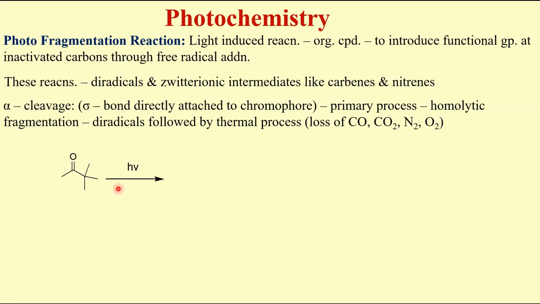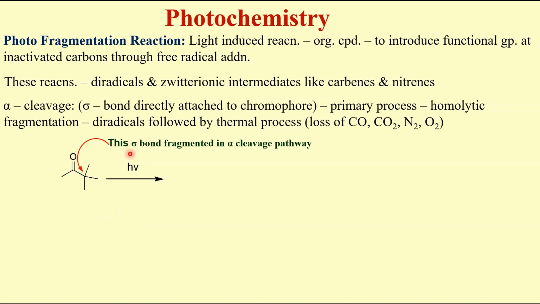It absorbs the light energy and the electrons from the ground state jump to the higher energy states and get into the excited state. The bond attached to the carbonyl group directly gets cleaved.